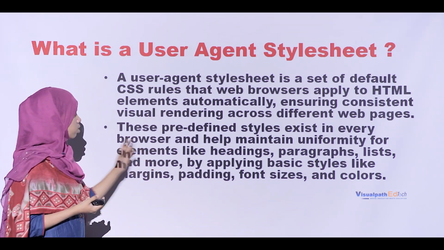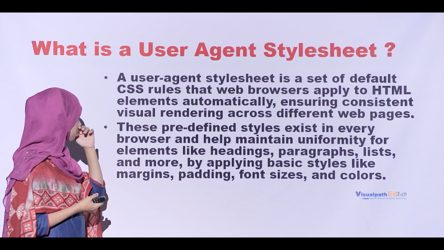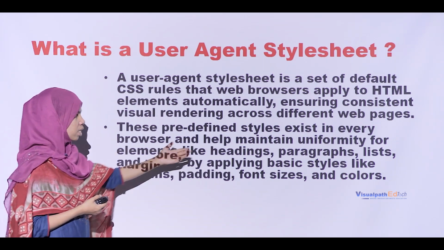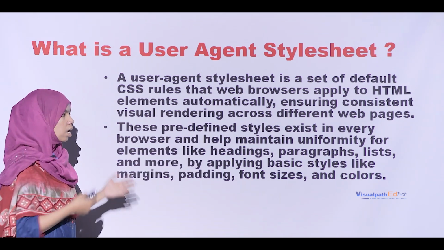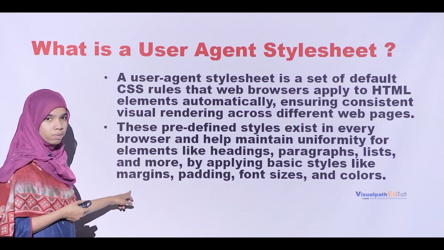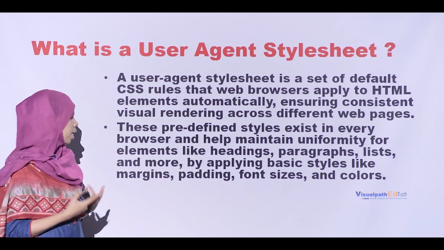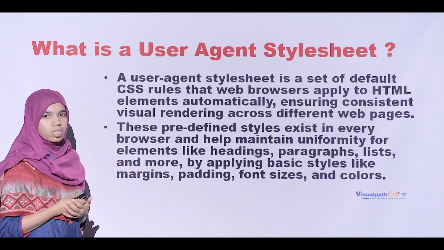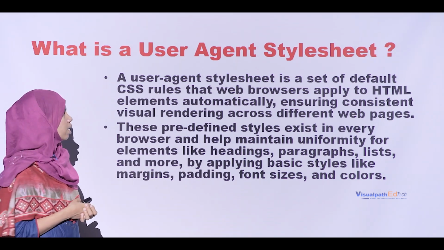These predefined styles exist in every browser and help maintain uniformity for elements like headings, paragraphs, lists, and more, along with basic styling such as cell padding, margins, font size, colors and all. All this can be applied through style sheets.